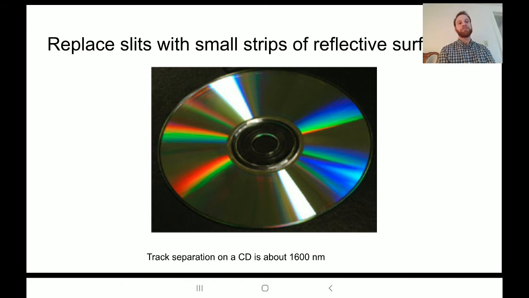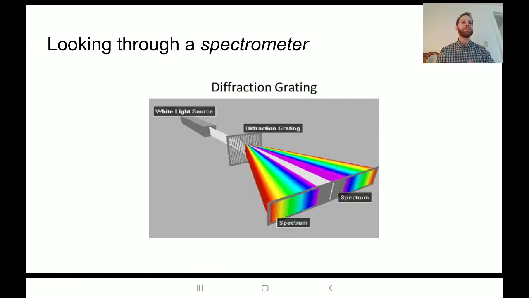So for example, a track on a CD, each little track is spaced out by 1600 nanometers or so, and so you'll get reflected light. But because the reflection isn't happening everywhere, it's happening at these special places, then you end up getting what's called dispersion of light, the dispersion of the white light into its constituent colors. And that really is at the core of what happens when you look at a CD and you notice a rainbow. I don't know if people still use CDs anymore.